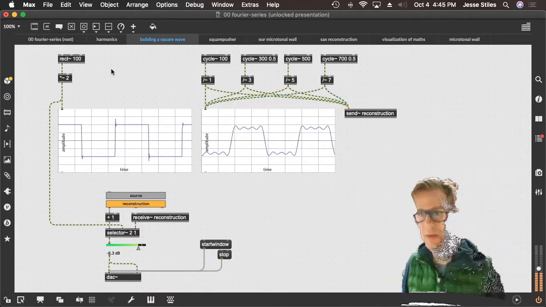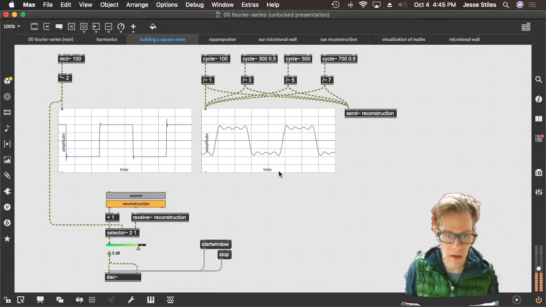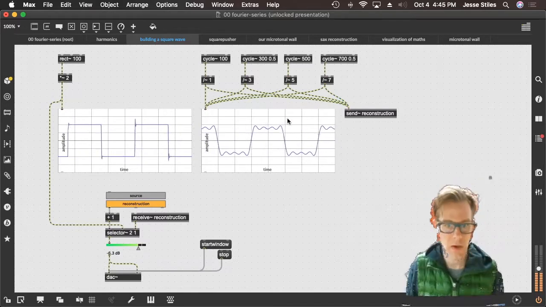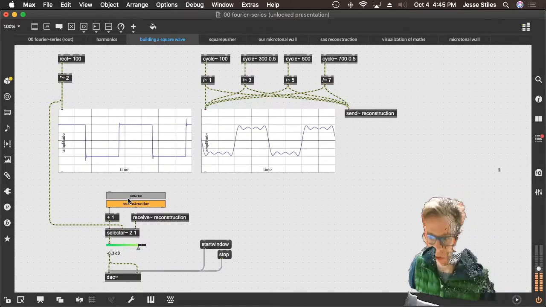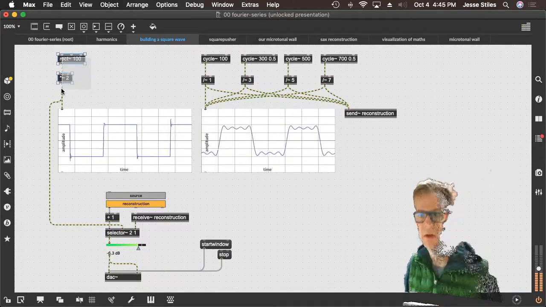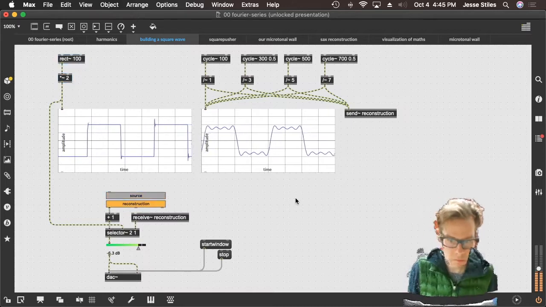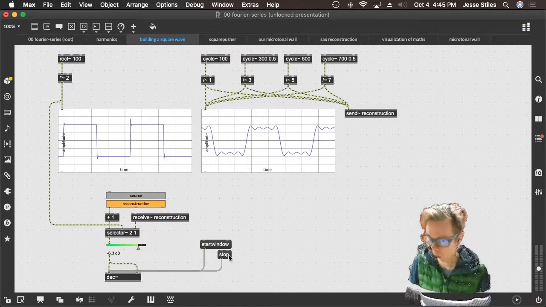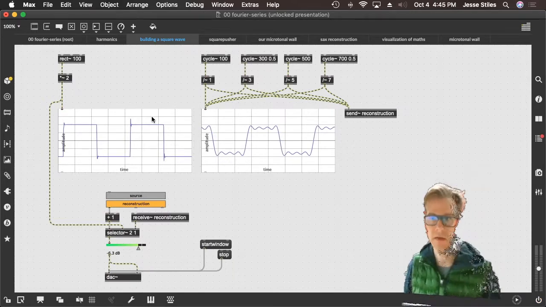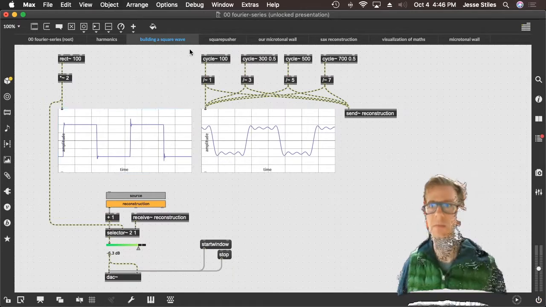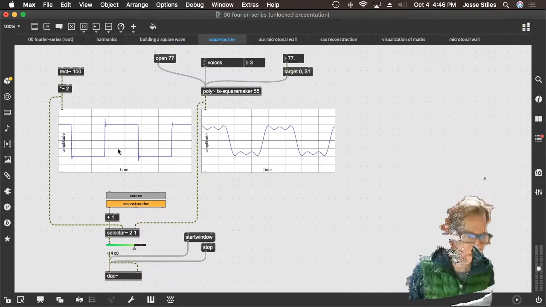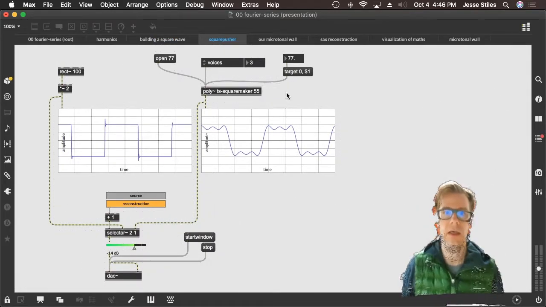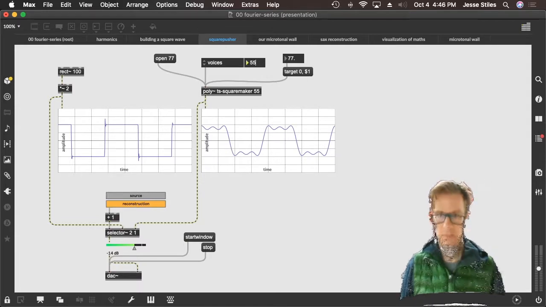So as you can see, with every harmonic we add, the shape and the sound of this waveform is getting more and more similar to our target, the square wave. So if we continue doing this infinitely, we would be able to perfectly recreate this square wave, as Joseph Fourier has proven. And to simplify the work here, here's a demonstration of this concept using poly~.